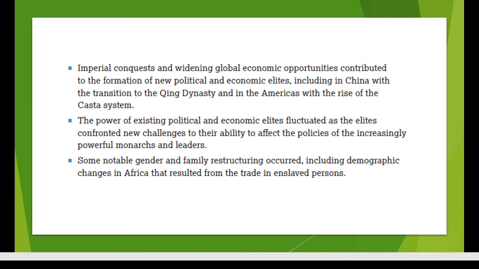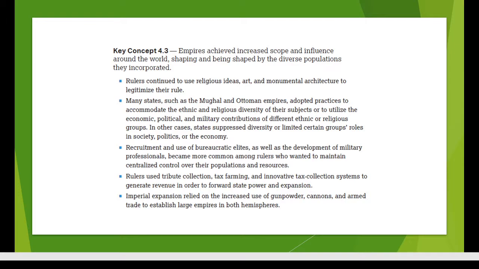That would be women in Southeast Asia because of trading partnerships with Europeans, or women in Africa because they could take on new economic roles. Women in China got a little bit better roles as well because the Qing, remember, were Manchu, they were foreigners, and so they placed a low emphasis on foot binding. Those are some things you might want to take note of for this particular key concept.